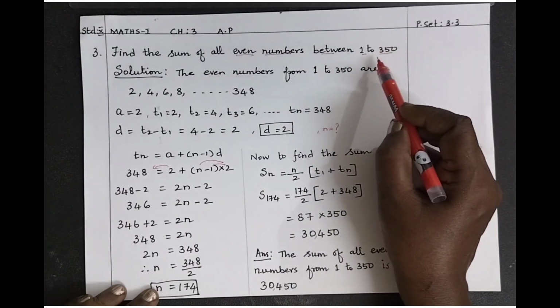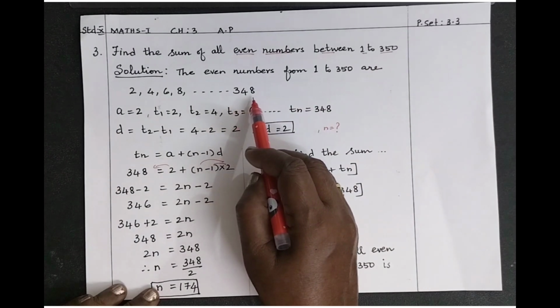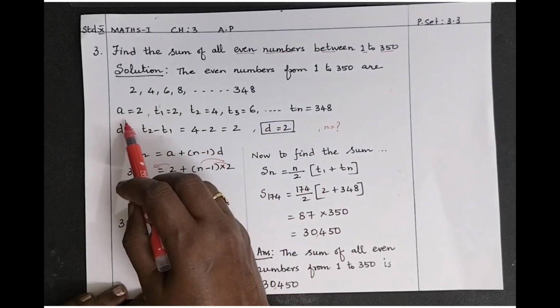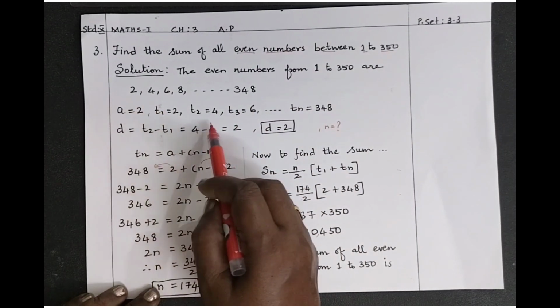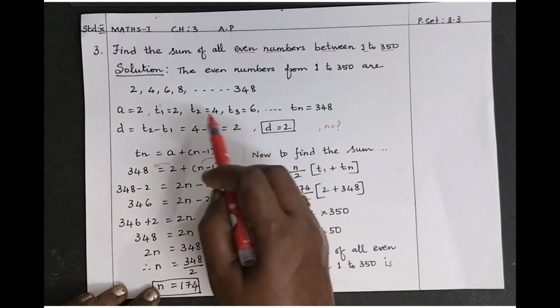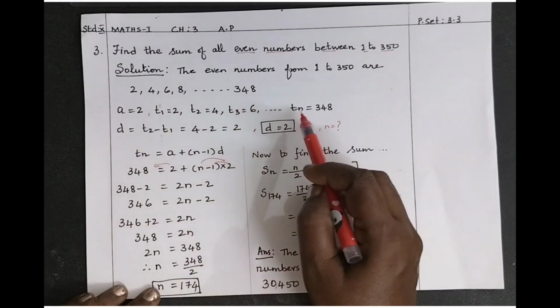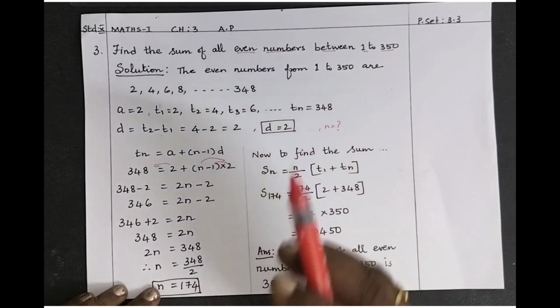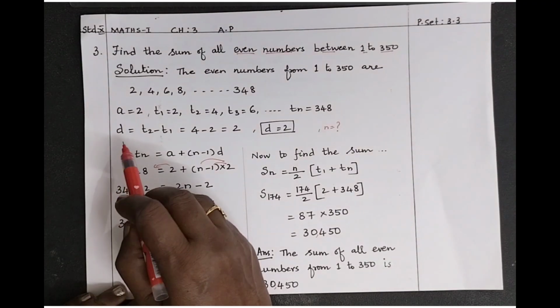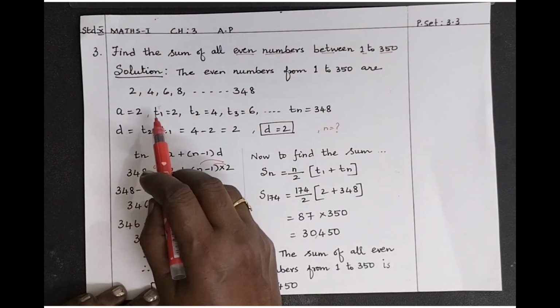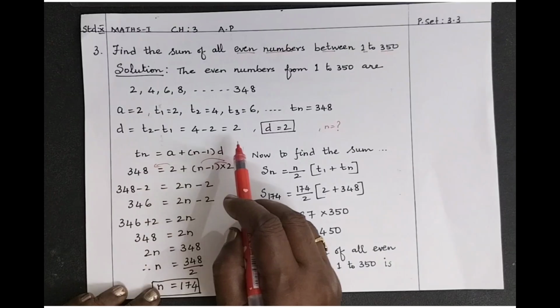We have to take the previous even number, 348. Now a and T1 is what? 2, T2 is 4 and T3 is 6 and Tn is what? The last term, 348. Now common difference, d is equal to T2 minus T1, that is 4 minus 2.